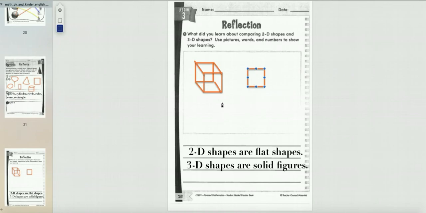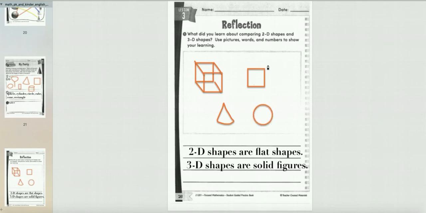And we know that a cylinder and a cone also have a flat shape. Let's see if I can. I'm going to do a round at the bottom so we know that this one is a cone. And at the bottom it has a circle for a flat surface.